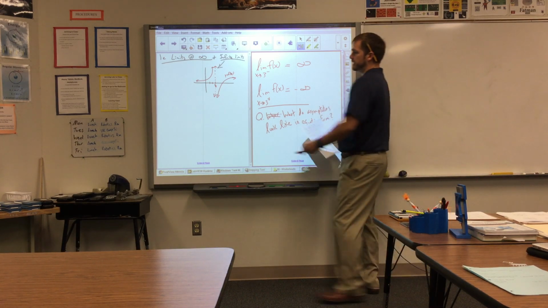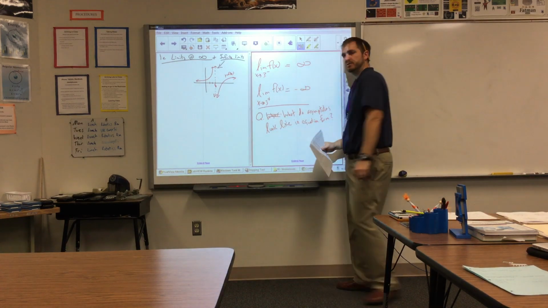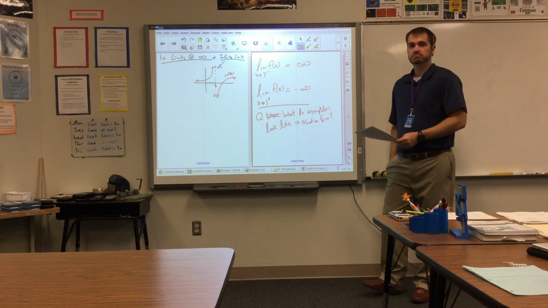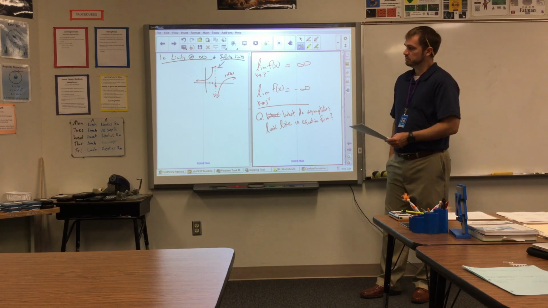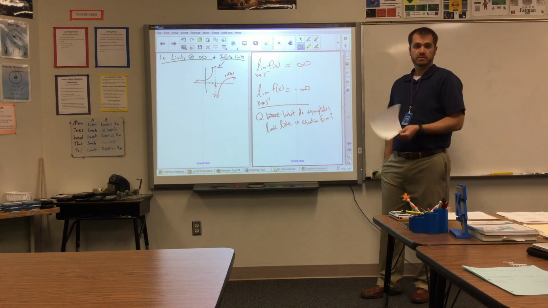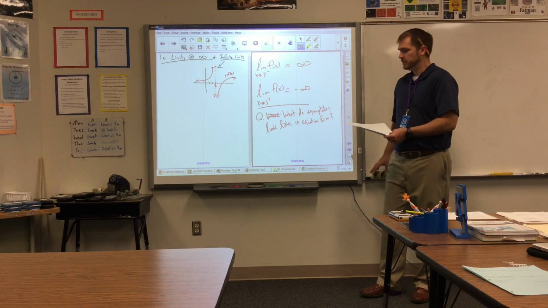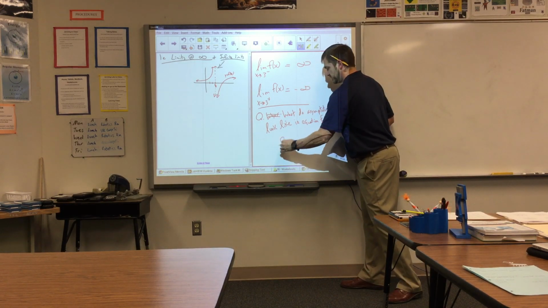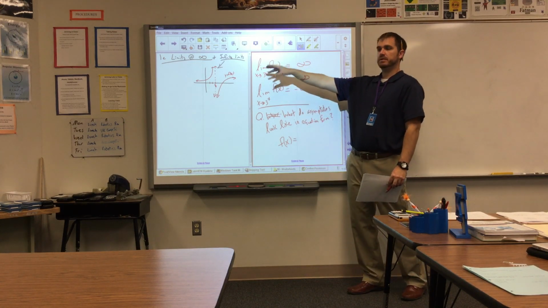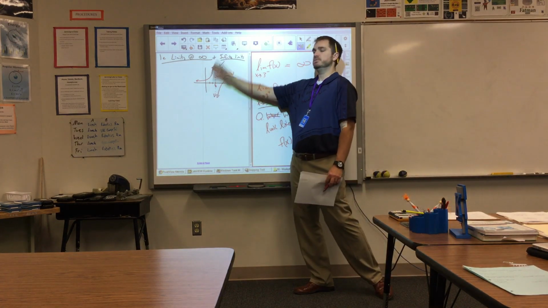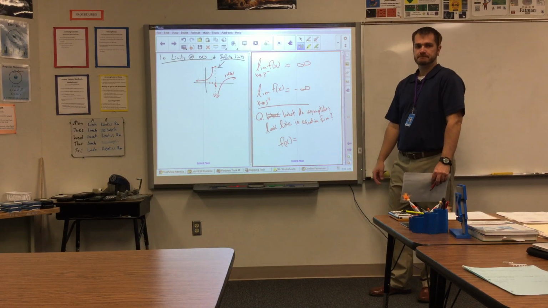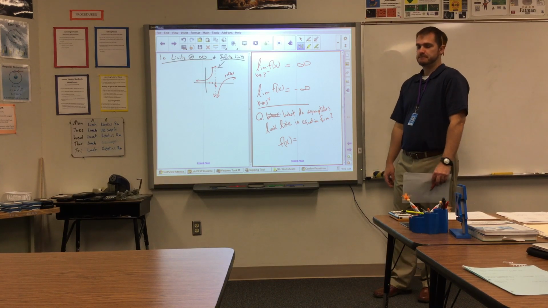James, what kind of thing could lead to an asymptote like that? It's not a sine function, right? Gracie, any idea? If I had f of x equals, what would this part over here look like that might lead to at least an asymptote? Like a fraction. X minus something with x in the denominator.